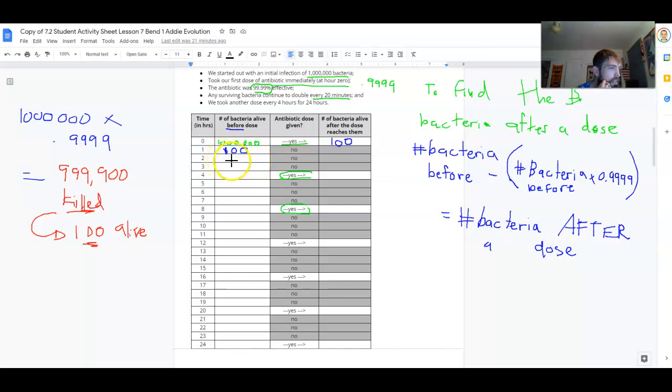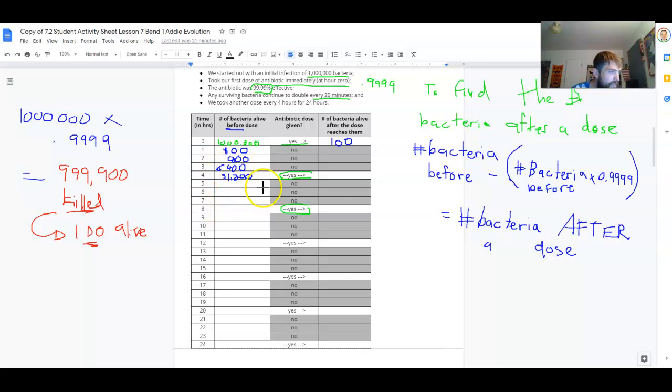So for the second hour, we would get 800. 800 times 8 gets 6,400 because they're doubling 3 times every hour. Then 51,200. Okay, but now we reached hour 4, so we get an antibiotic.